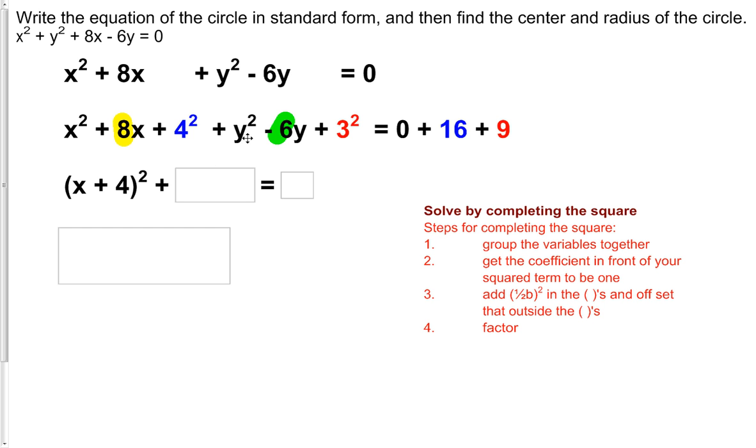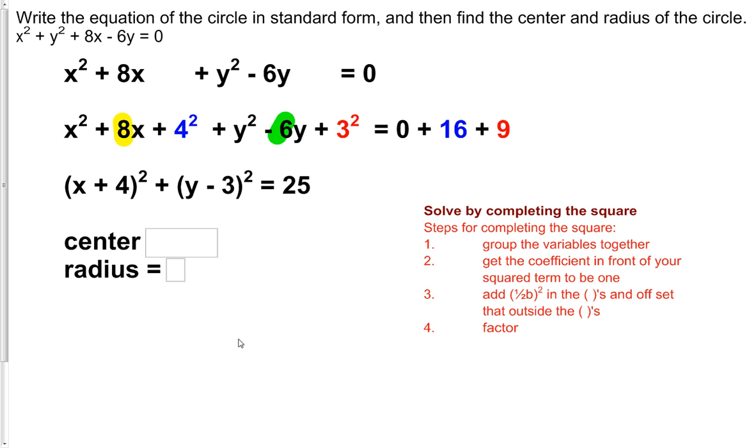Same thing with the y's. We have y squared minus 6y plus 9. That's going to factor down to y minus 3, or y plus half of b, which in this case is negative 3. Finally, on the other side, we just add up our terms. 16 plus 9 is 25.